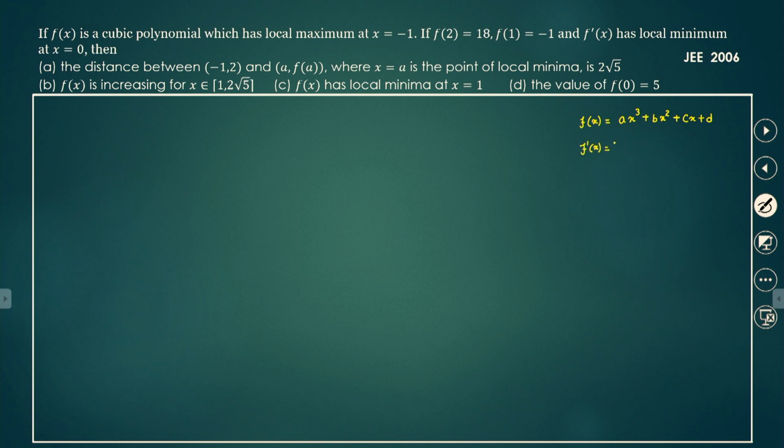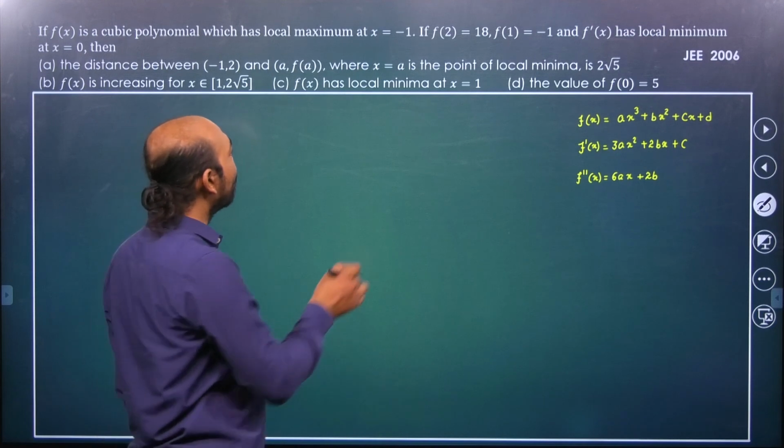It gives me 3ax square plus 2bx plus c. And if I calculate f double dash x, it is 6ax plus 2b, and that's it. Now we'll use that info one by one.